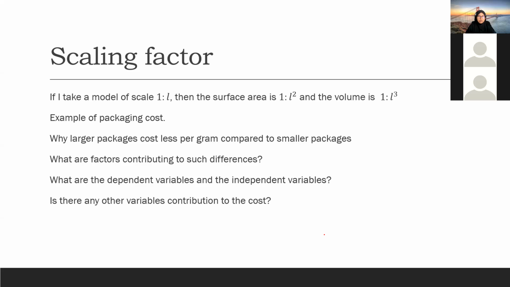It depends on the courier services. And what are the factors contributing to such differences? Why does it happen? What are the dependent variables and what are the independent variables? Is there any other variables? So there is a lot of questions to ask.